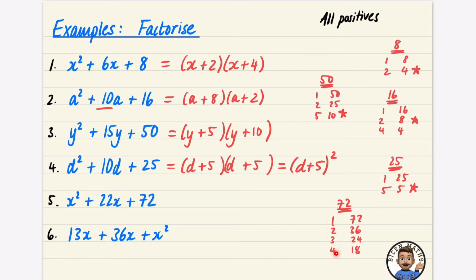And I can stop there actually, because 4 times 18 is 72 and 4 plus 18 is 22. So it's going to be my x plus 4 and my x plus 18. So it's harder when the number is bigger because there's way more factors, but you can just sort of go straight to it. 4 times 18 is 72, and 4 plus 18 is 22.